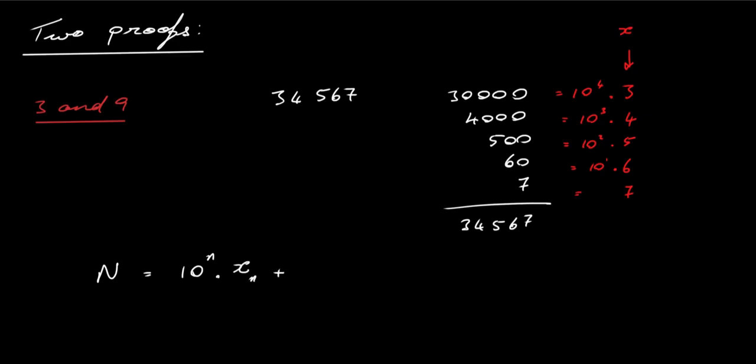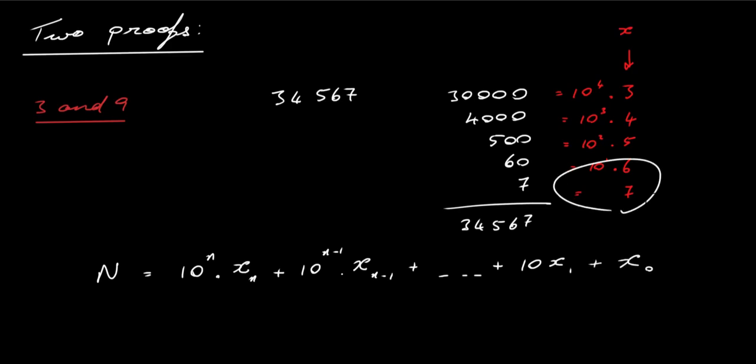You're going to add another 10 to the power of n minus 1, the next one down, and multiply that by some other x, we'll call it x n minus 1, and so on. You're going to keep doing that until you get as far as 10 times x1, and then out here as far as x0. So this is my number.